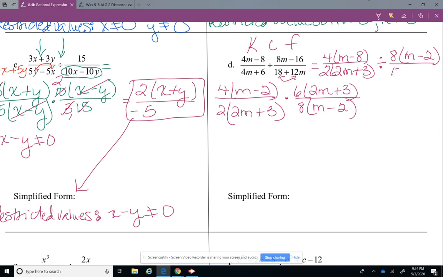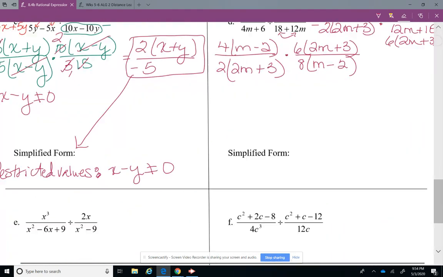And if you want to just write 12m plus 18 and do it in more steps than I'm doing, you can. With the 12m plus 18, that's when you pull out the 6 and you do the 2m plus the 3. Okay, so I'm going to switch that out.